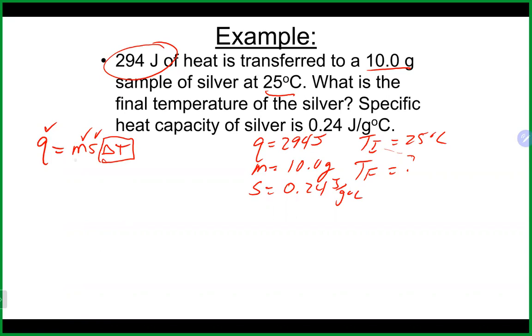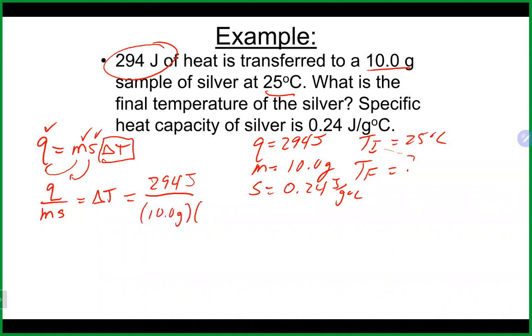We could divide everybody over, basically. So that would give us Q divided by m s equals our change in temperature, which means we have 294 joules divided by our mass of 10 grams, and 0.24 joules per gram per degree Celsius being our specific heat capacity.